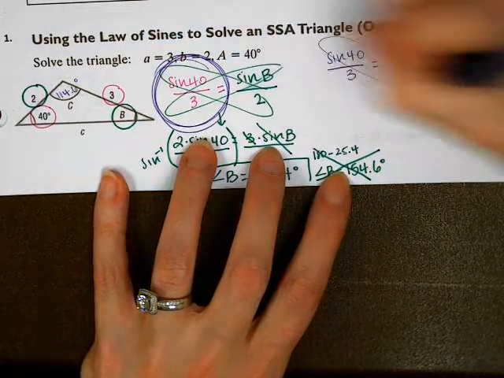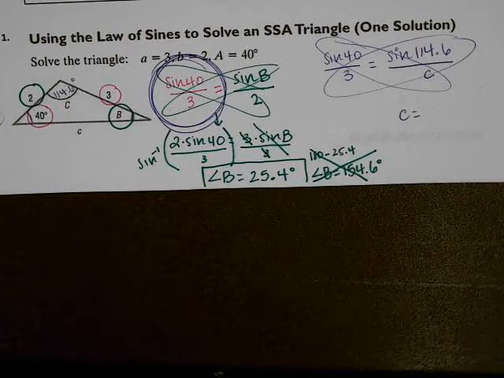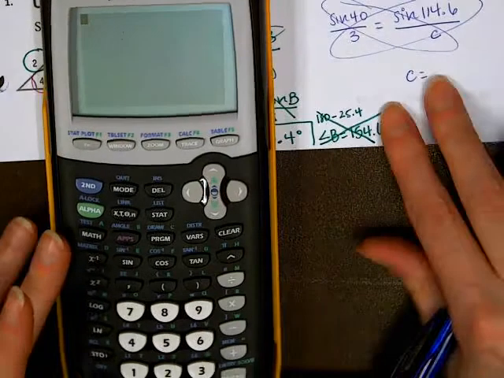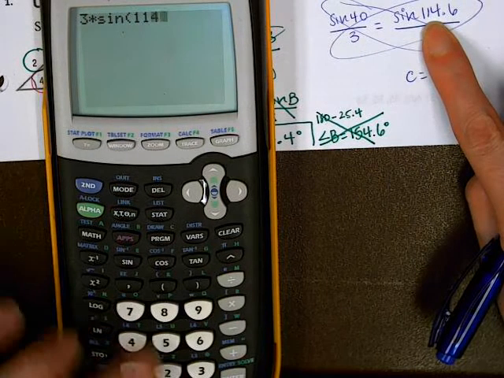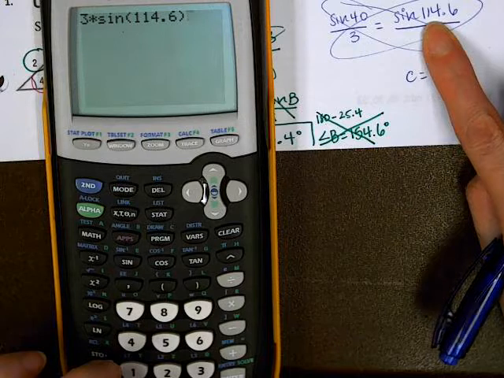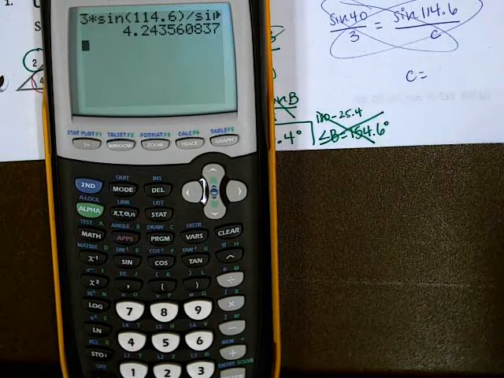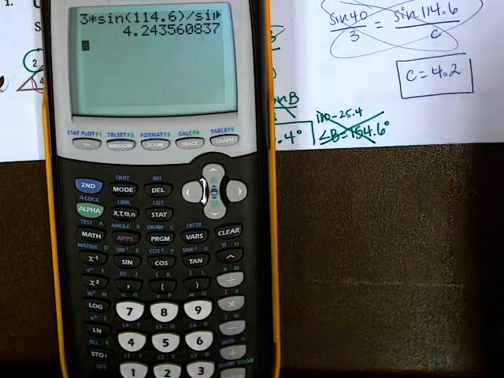And then you guys will cross multiply and find side c. So without writing it all out this time, you would be doing 3 times sine of 114.6, and then dividing it by sine of 40. And side c would be about 4.2. And that's it.